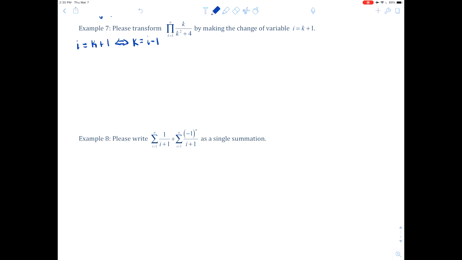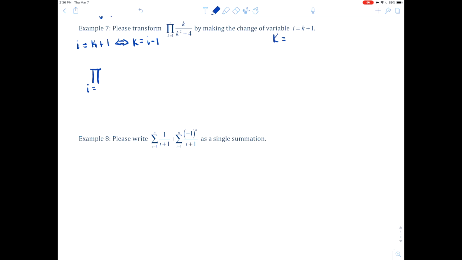So now here I've got this product, right? So I need to switch it around. We know that we're going to have the index of the summation be i, right? Well, if the original starts at k equal to 1, what will happen?